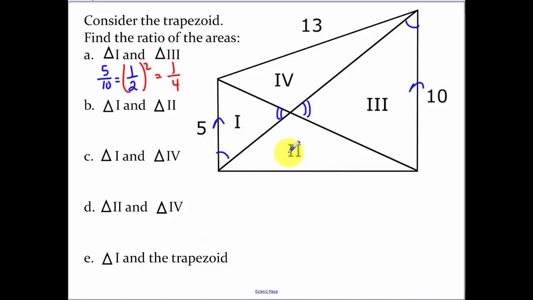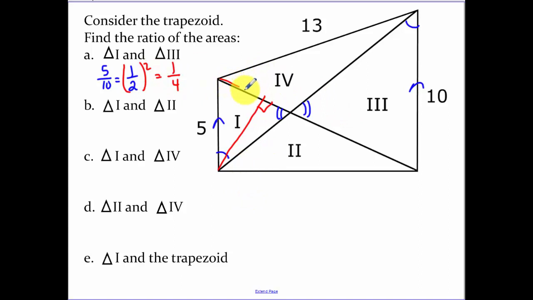Now 1 to 2. What might be challenging for some of you guys to see, and you might have to kind of turn your triangles around, is that 1 and 2 technically share this common height. So that means it's going to be the ratio of the bases. Now, you have to remember that 1 and 3 are similar, and their scale factor is 1 to 2.